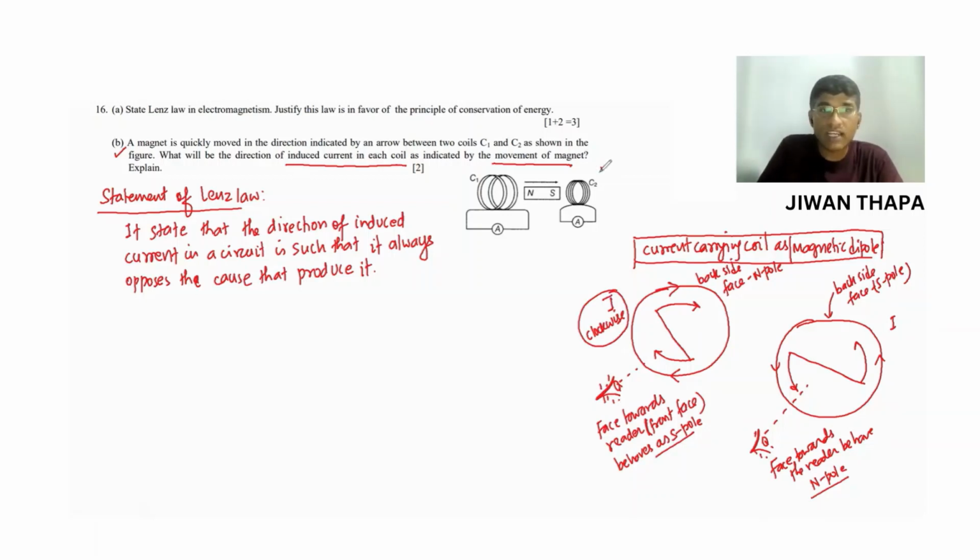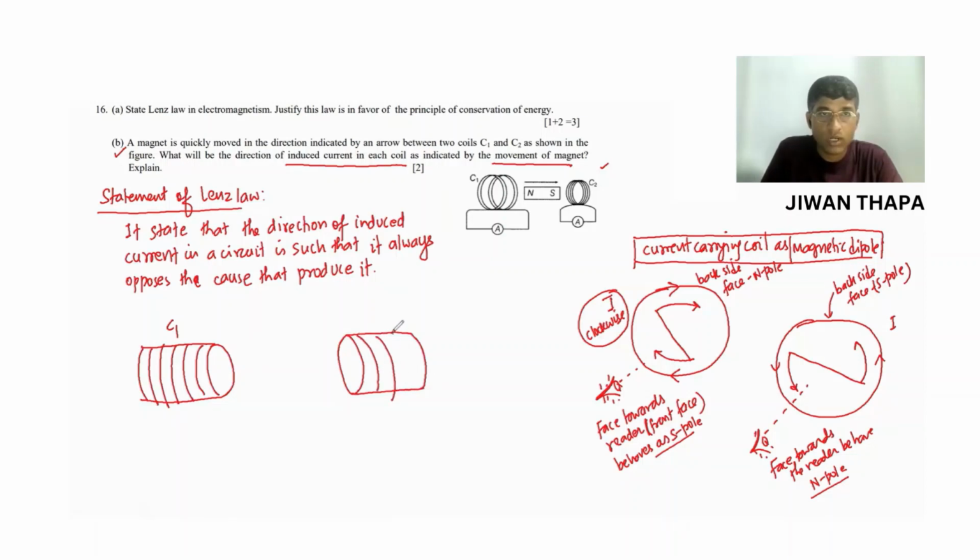Now let us consider this diagram. So I'm drawing in this way. There are a few number of turns. This is coil C1, and this is the next coil, C2, and the magnet is moved along this direction.